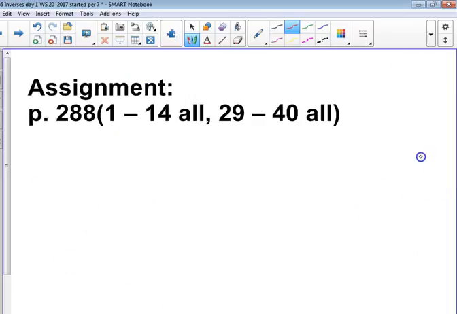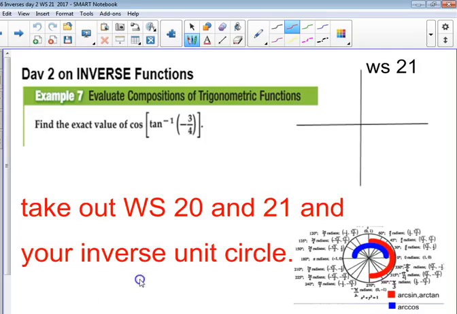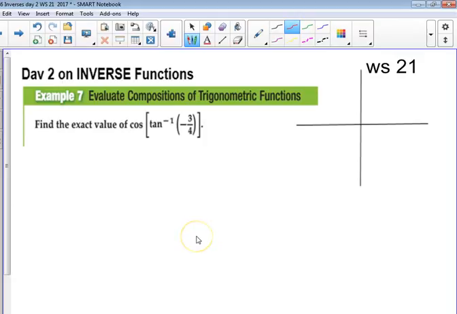All right. We're moving back over to worksheet 21. You have actually done questions like this before.